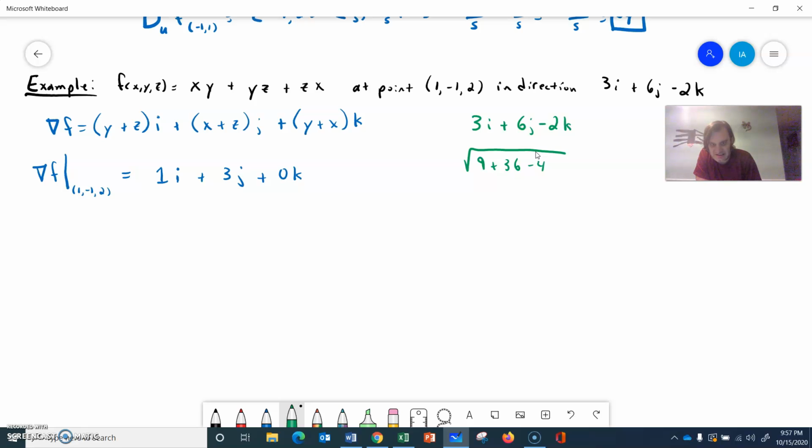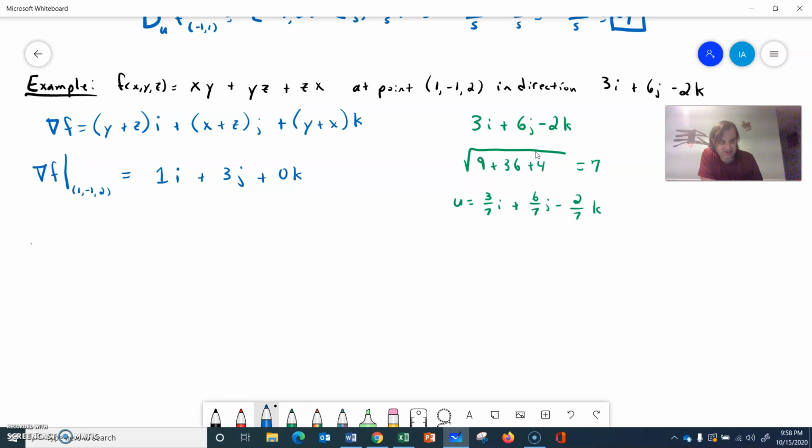Not the best, is it? Let's recount here. 9, 36, plus 4 when we square the negative 2. So that is 7. So the u I'm going to use is 3/7 i plus 6/7 j minus 2/7 k.